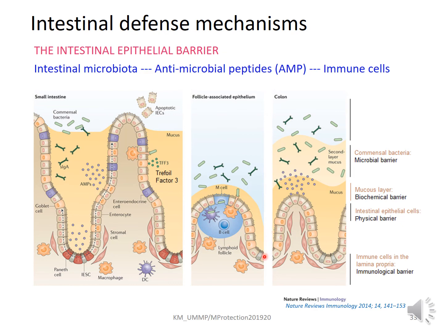And then we have immune cells in the lamina propria. This is like an immunological barrier. Here, like macrophages, dendritic cells. Okay. In addition, some of the cells in the intestine can secrete antimicrobial peptides, also for protection.